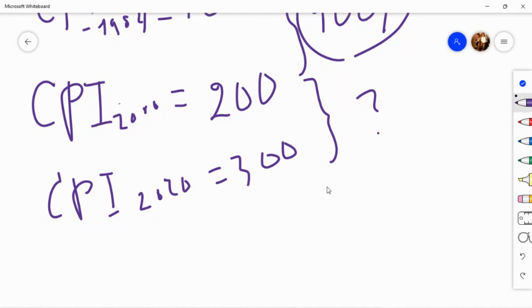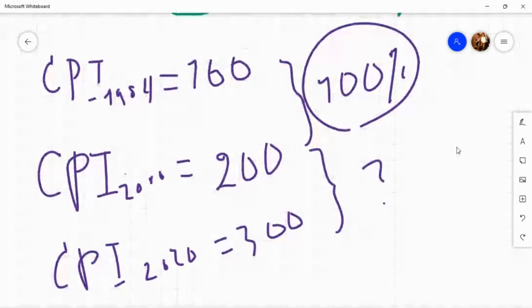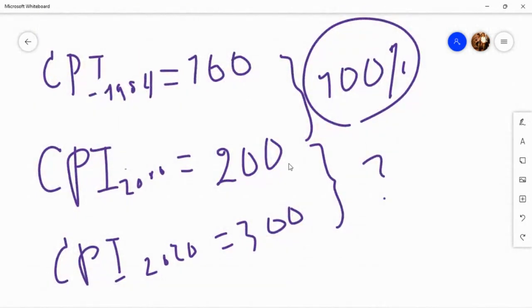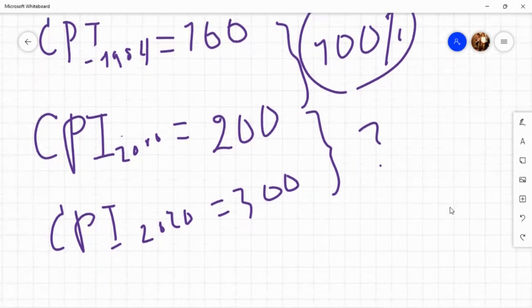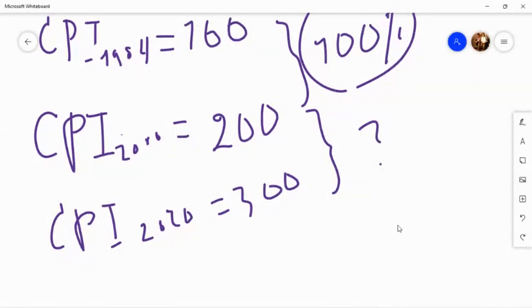I mean, math is logic, basically. It will be 100% if it grew from 100 to 200, that's 100%. But from 200 to 300, what's the growth rate?